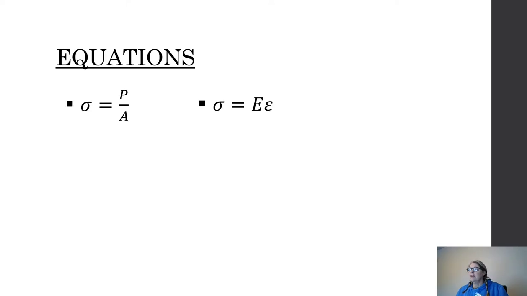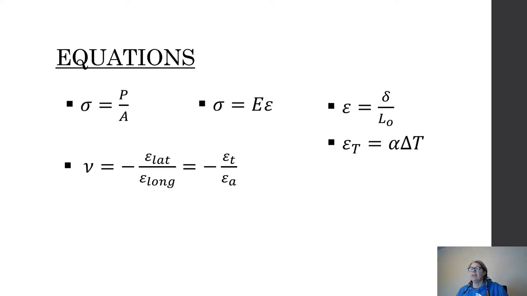And we now have equations. So let's talk about these equations, okay? The equations above this line. We have normal stress, P over A, N over A, T over A, okay? C, compression over A. We have that stress equals E times strain in the elastic region. And we have strain as change in length over length. We haven't gotten to temperature change yet. We'll get to that in a couple of chapters.